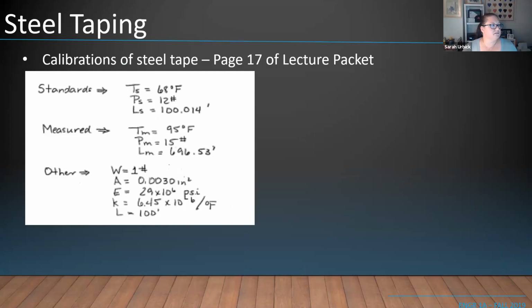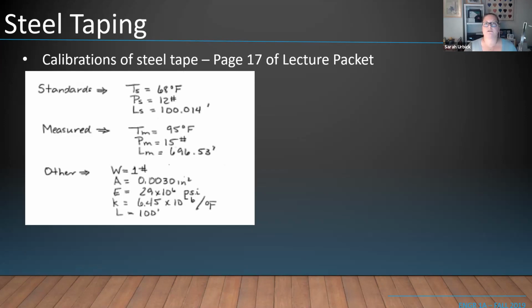There are certain givens, right? So the standard temperature we're going to assume is 68 degrees Fahrenheit. Pretty typical for Central Coast California. Not too terribly variable. If you've got a warm day, maybe you measure it out at 95 degrees. So when we calibrated this tape, we took it out, it was a nice cool day, that's our standard.